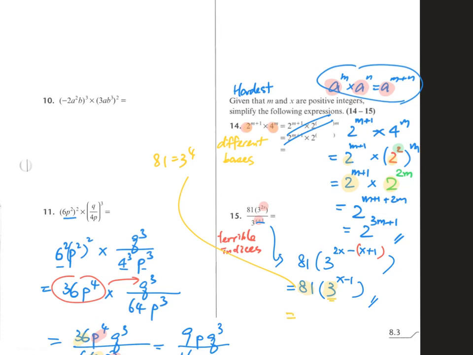So you have to turn 81 into 3 to the power 4, multiplied with 3 to the power x minus 1. Now, because of the same base, they can be put together as addition of indices, 4 plus x minus 1, which finally goes to x plus 3.